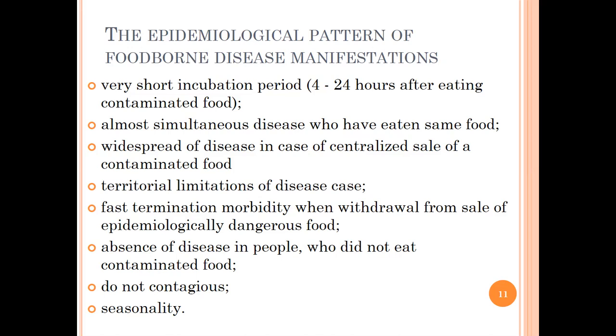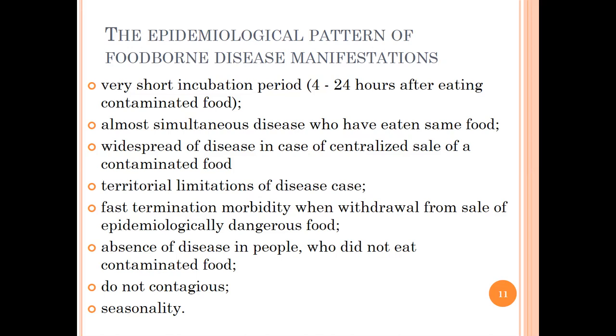And fast termination of morbidity is common when contaminated food is withdrawn from sale. When we stop eating it, it leads to fast termination of an outbreak. And persons who hadn't eaten contaminated food stay healthy, no disease in them, because it is not contagious from sick persons to healthy.